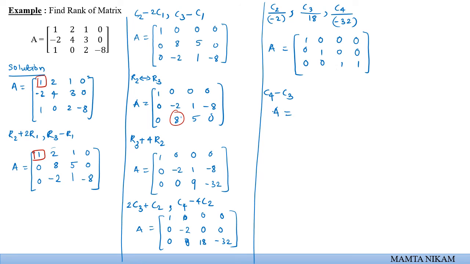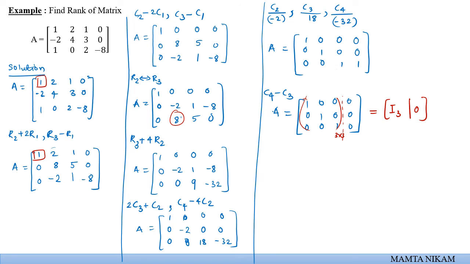So this turns out to be 1 0 0 0, 0 1 0 0, 0 0 1 0. So if you observe here, we obtain an identity matrix of order 3 cross 3 and one column that is a 0 column, right? So this is nothing but the I3 0 form.